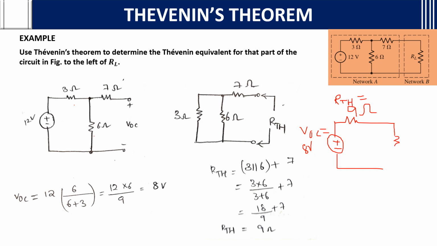Again connect to the question. In the question RL is there. They asked to find the Thevenin equivalent to the left of RL. The Thevenin equivalent to the left of RL has RTH of 9 ohms and VOC of 8 volts connected in series, and then add the load resistance RL back. This is the final circuit we need to draw.